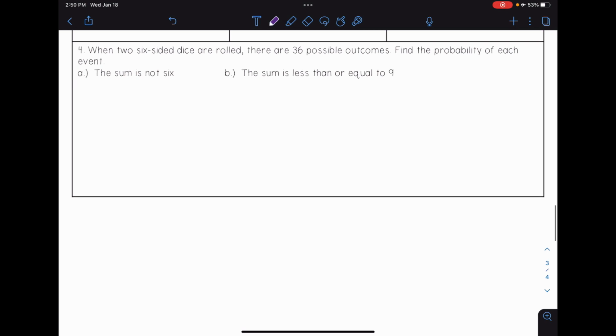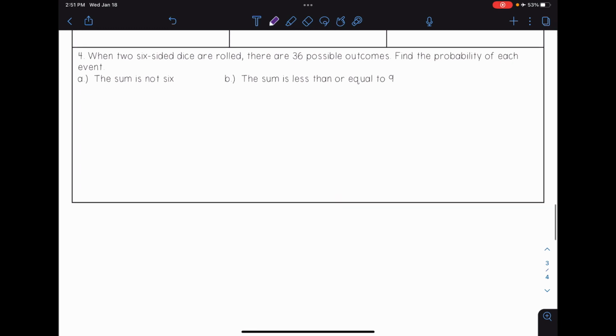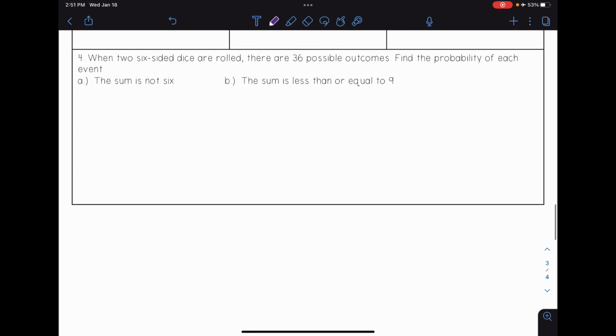Okay, so number 4, this is where using complements can make your life a little bit easier. We have that when 2 six-sided dice are rolled, there are 36 possible outcomes. Find the probability of each event. So I'm going to go ahead and first draw out all of the 36 possible outcomes.